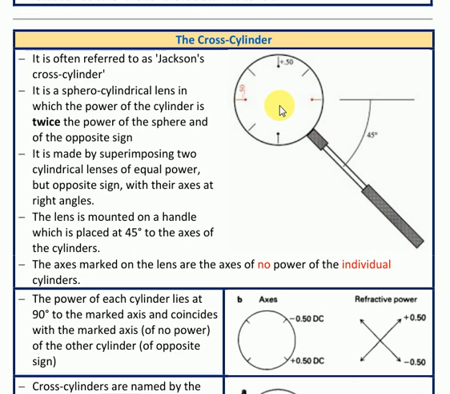To confirm the absence of cylinder, the cross cylinder is offered in addition to the trial sphere in 4 different orientations, with axis first at 90 degrees, then 180, then 45 and then 135.